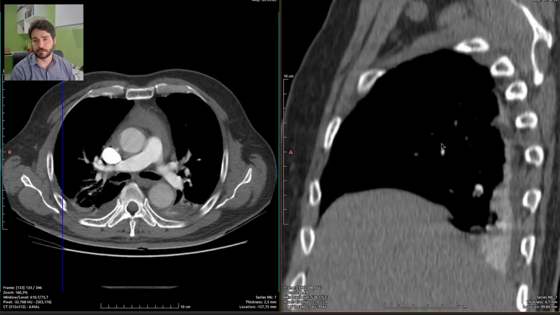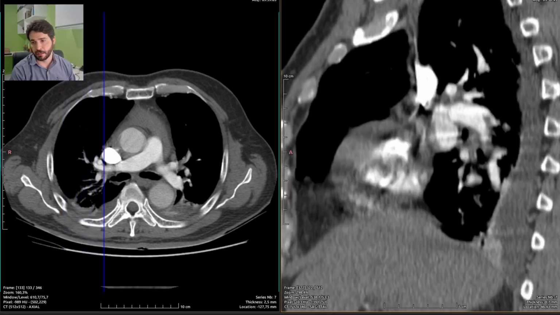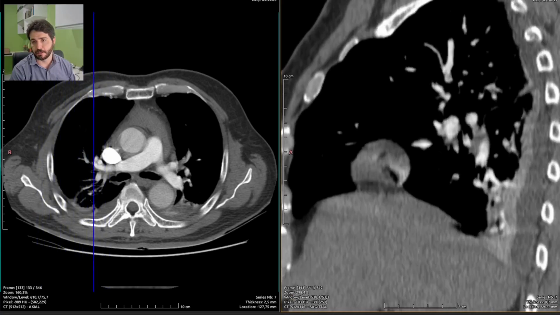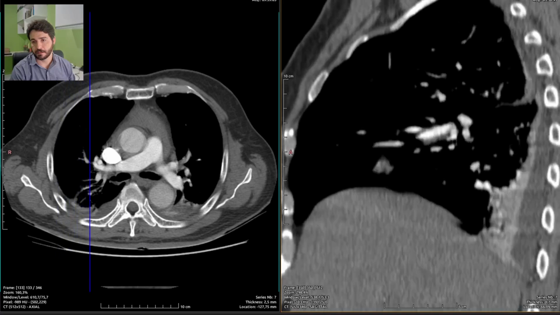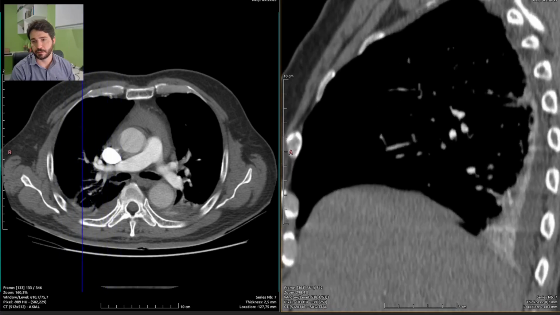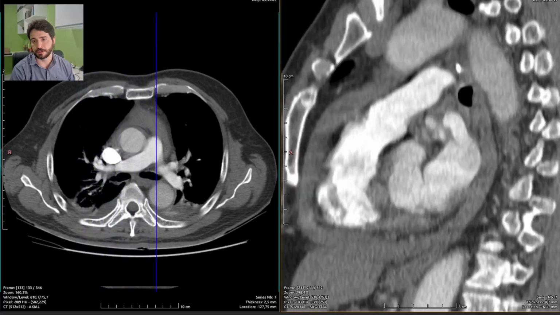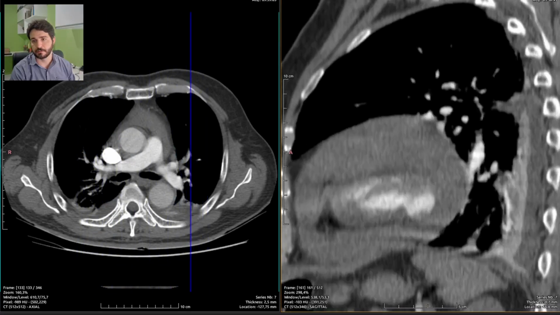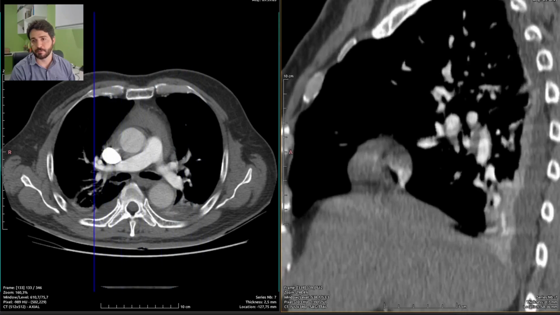You can see this isn't a perfect MPR because this isn't a perfect acquisition. This isn't a very good machine. It's just a 8-bar, a low-end machine, but it isn't a problem to report this.